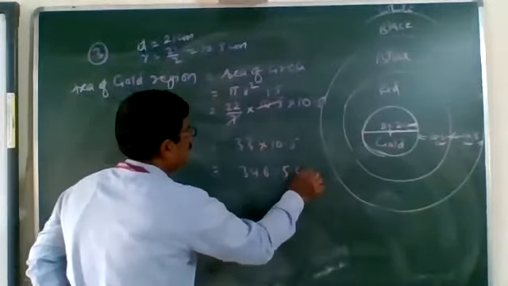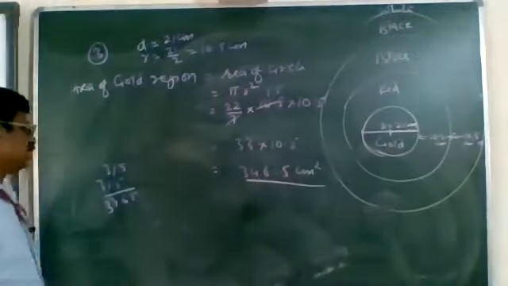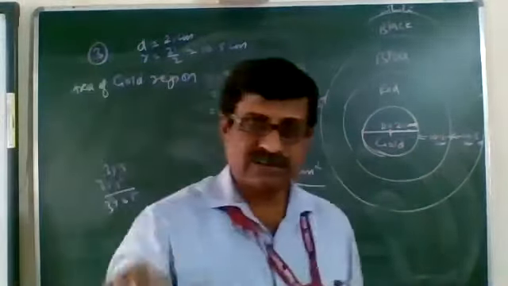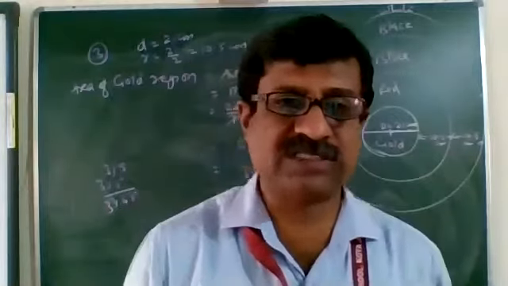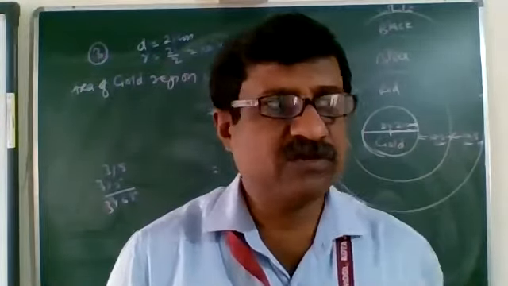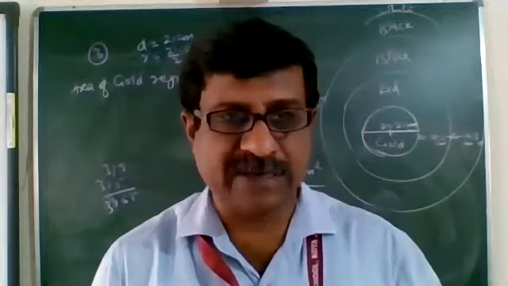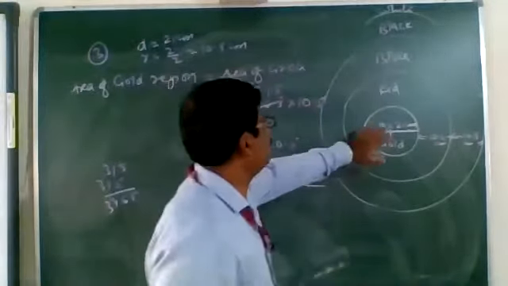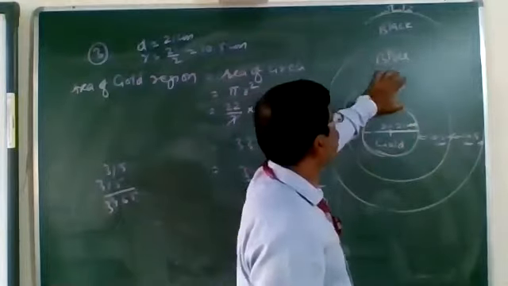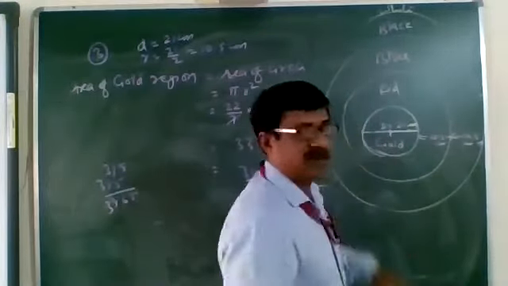3465 centimeter square. That's the area of the first circle, the gold circle. Now we have to find out each of the bands. This was actually given in circular form, therefore we got it directly. Next one is a band, a ring.